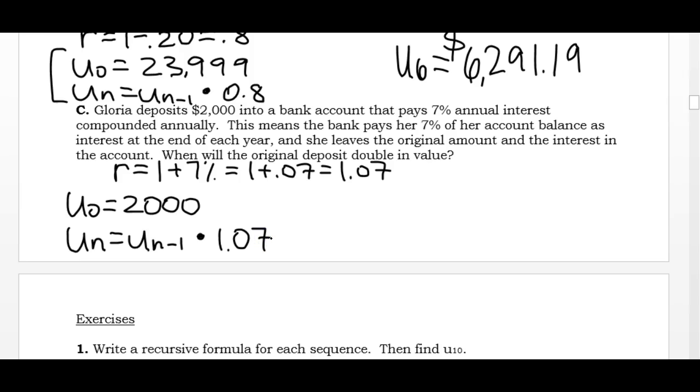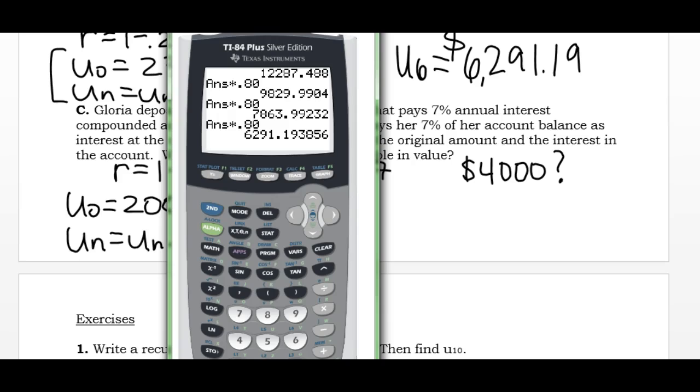The question is, when will we double in value? Since I started with 2,000, the question is, when will I reach $4,000? So I'm going to use my calculator to see that information and count until I see my first value above 4,000.